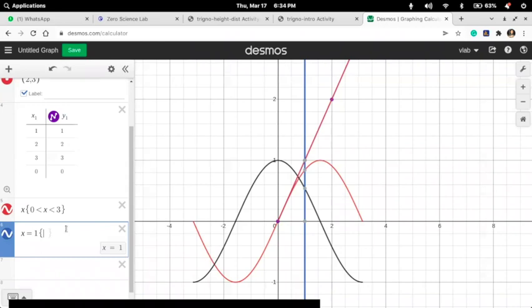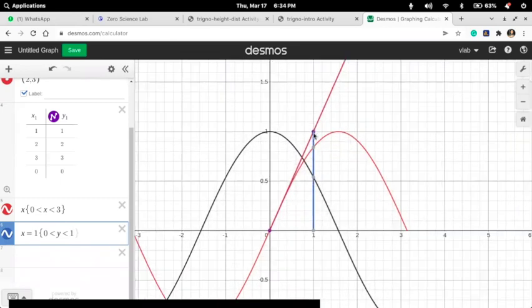How can you restrict? Less than y, you can say 1, right? Yes, sir. So this is one line.